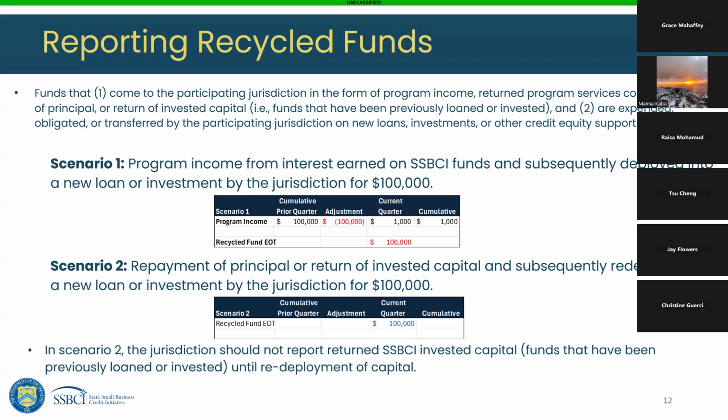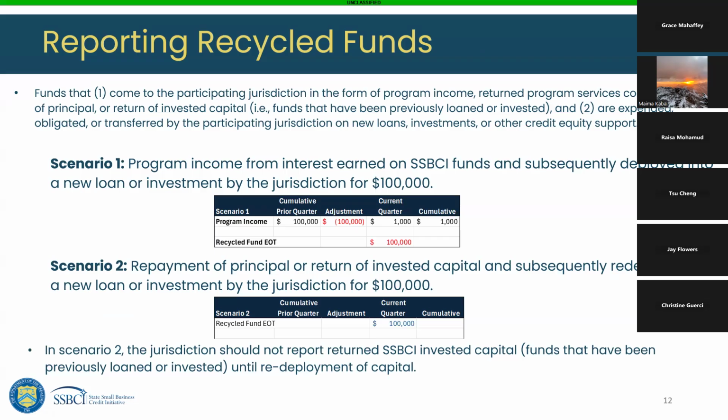So let's walk through two scenarios that may come up when completing the quarterly report. In the first scenario, this jurisdiction has $100,000 of program income it wants to deploy into a new loan, right? In this scenario, the jurisdiction will report an adjustment for program income.